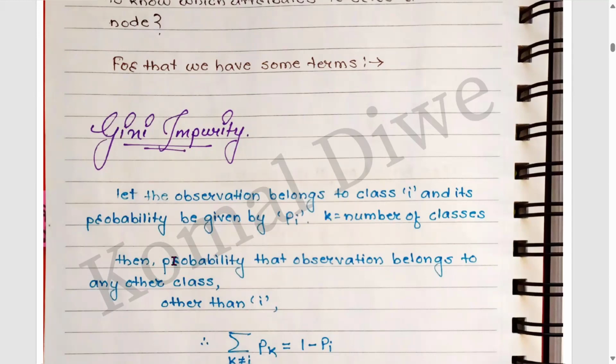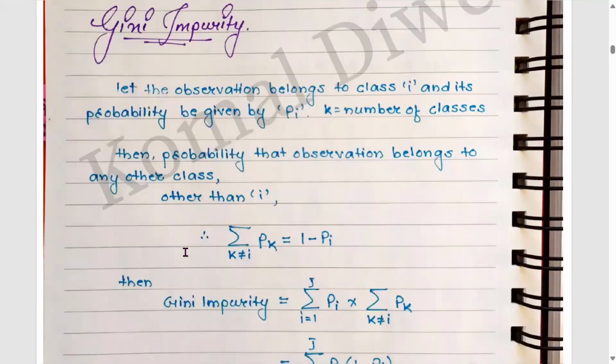Let's start. Gini impurity, what does it mean? Let the observation belong to class i and its probability be given by Pi. K means the number of classes.